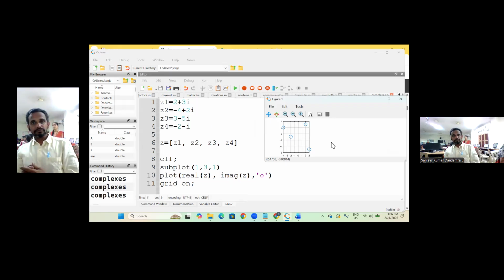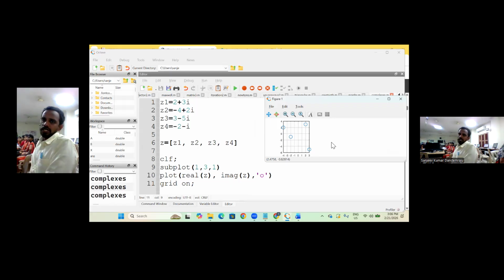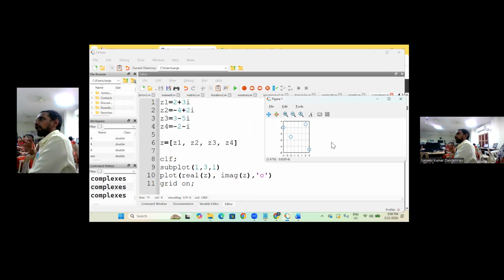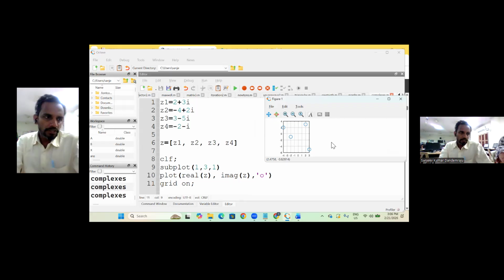Okay. Now I want to plot it as a vector, let's say. I want to draw a line starting from origin with an arrowhead ending at the point we have just plotted.